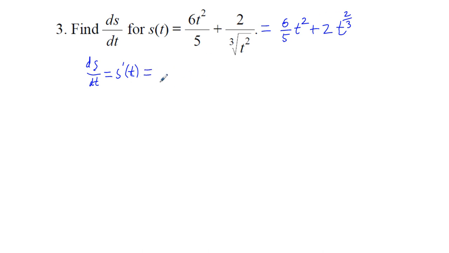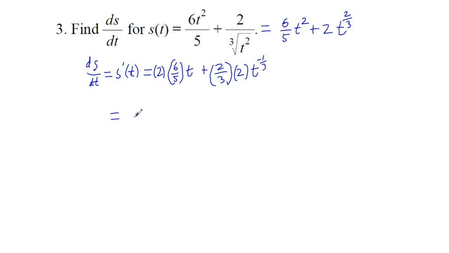So now we're going to take the derivative of 6/5 t squared, which is going to be 2 times 6/5, and then we'll have t to the 2 minus 1, and it's just going to be t, plus 2/3 times 2 t to the 2/3 minus 1, which is t to the negative 1/3.